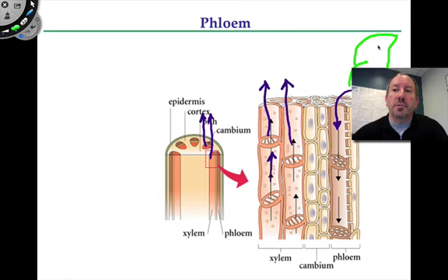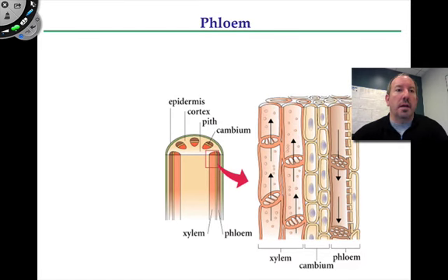But basically it's from source to what we call sink, and the sink could be a fruit or it could even be the root. But depending on the season, the movement of sugar could be going in an upward direction or a downward direction. So we call it just simply translocation, if you're okay with that.